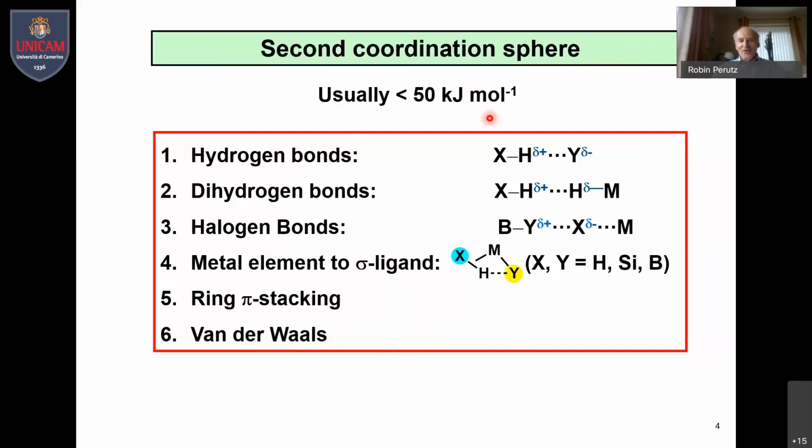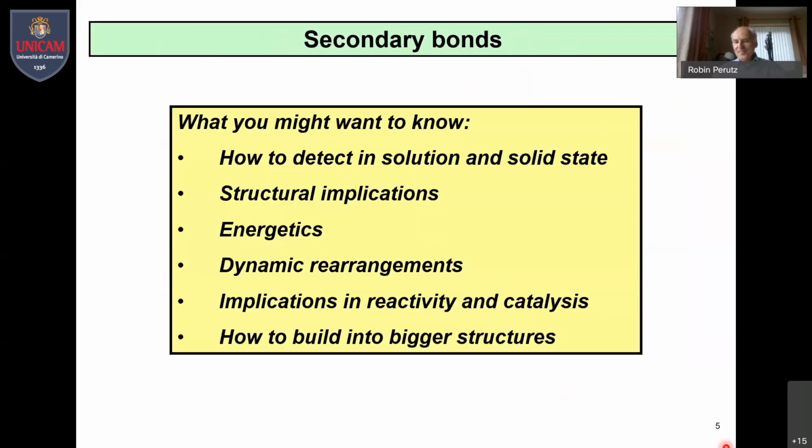Now, usually these interactions in the second coordination sphere have energies of less than 50 kilojoules per mole. Indeed, 12 kcals, a good deal less, but that's not always the case. Usually we're talking then about weaker interactions.